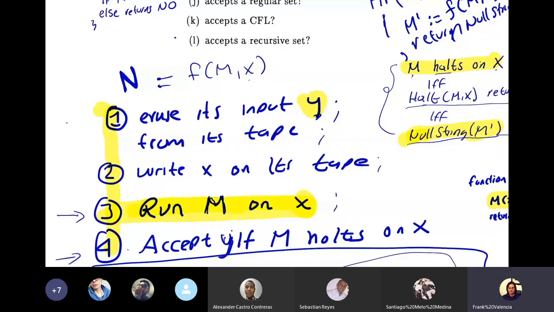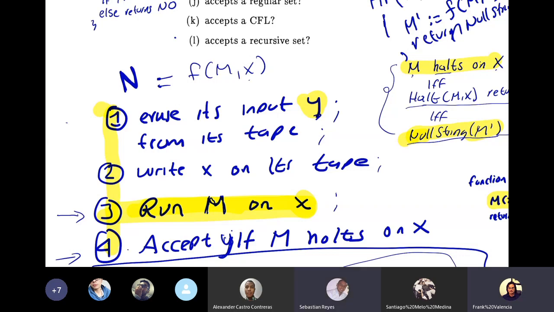So a machine can accept or reject, and you know what accepting means, right? Then you know what reject means. So you say a machine halts if it either rejects or accepts, and a machine loops if it doesn't halt.